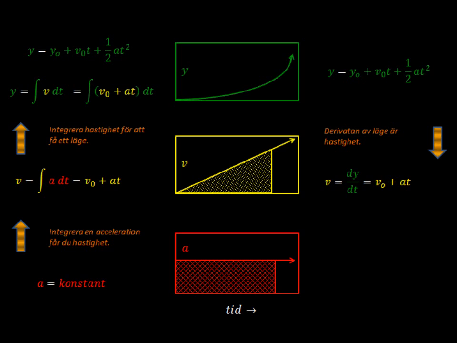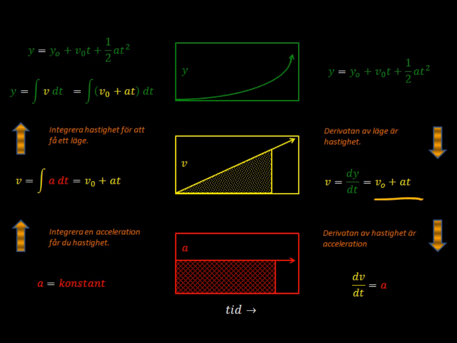So the derivative of a position function gives you the velocity, and we can ask the same question, well, what happens when we take the derivative of a velocity function? Well, we're about to find out, and I think you already know the answer. Here it is. The derivative of the velocity with respect to time is acceleration. And we're not surprised.